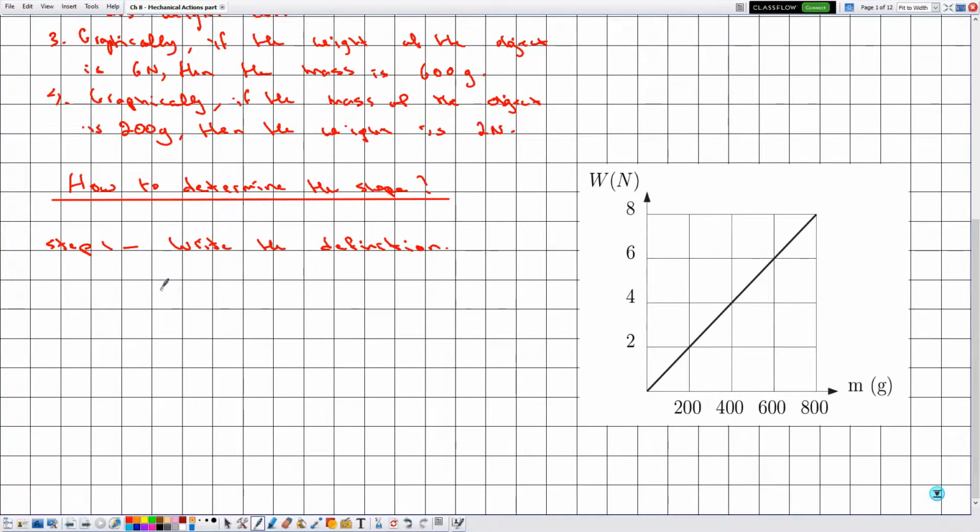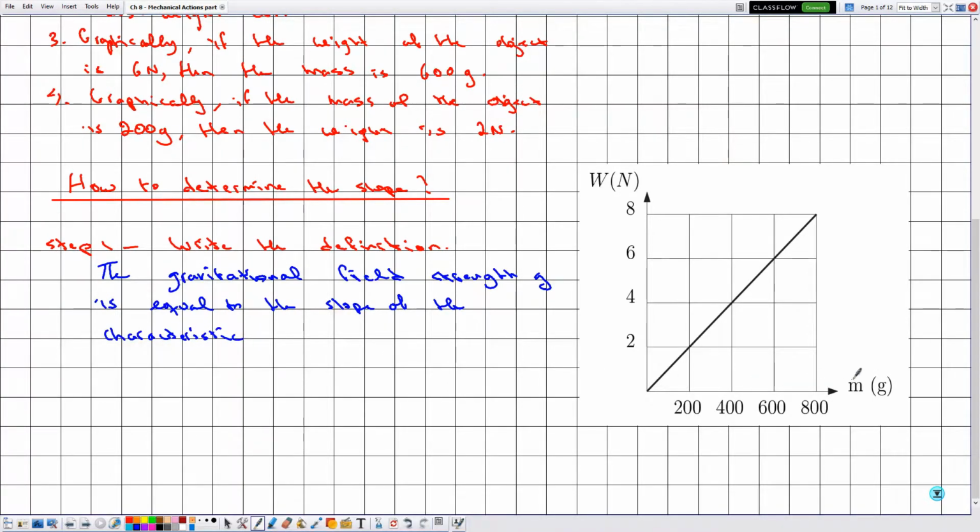So let me say the gravitational field strength g is equal to the slope of the characteristic.